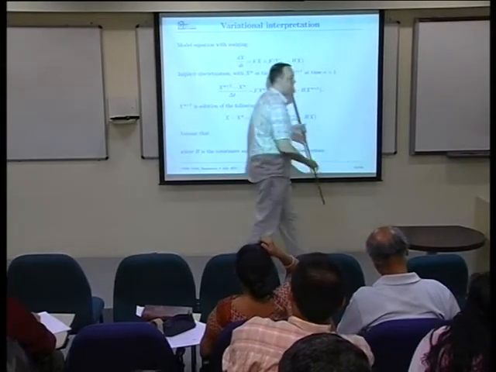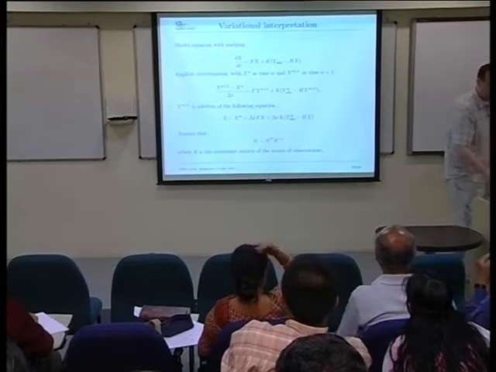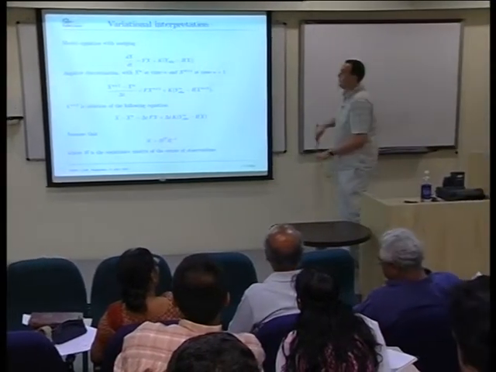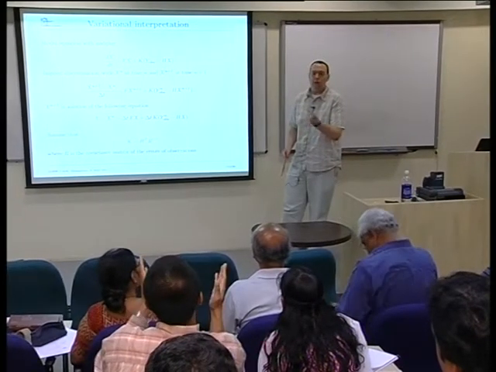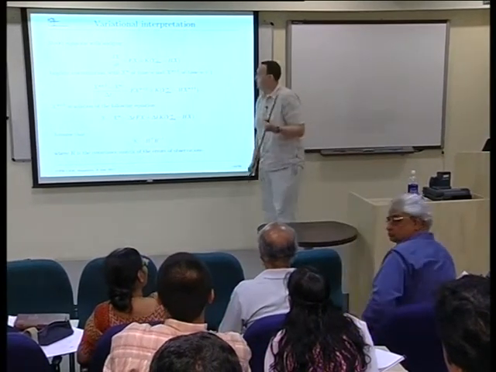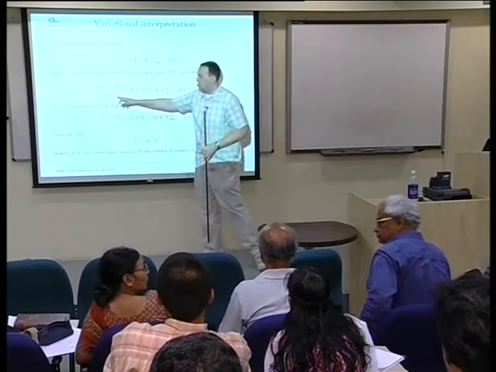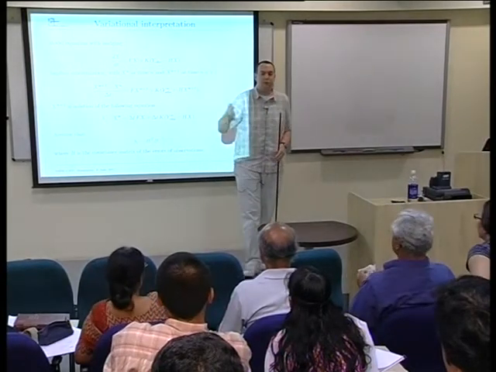But here we are working not at observation times, but at the time steps, so it's a very short time. Here delta t is very small, much smaller than the observation times.